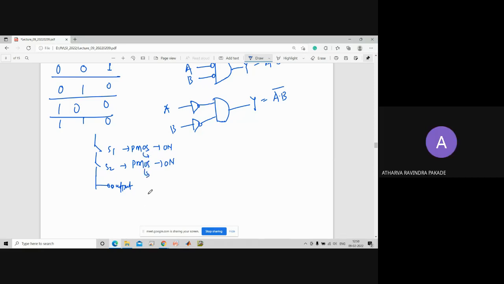Yes, sir. Okay, so just using the truth table, you can design the circuit.